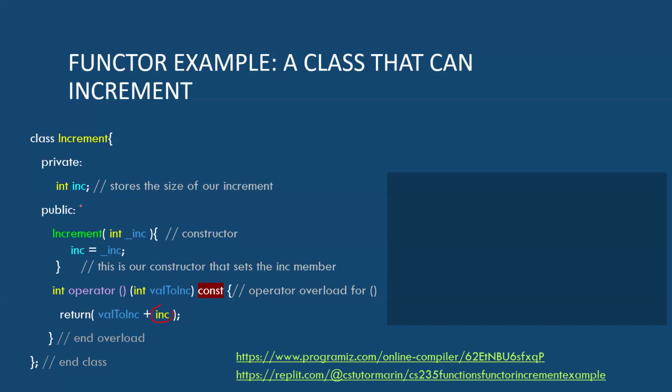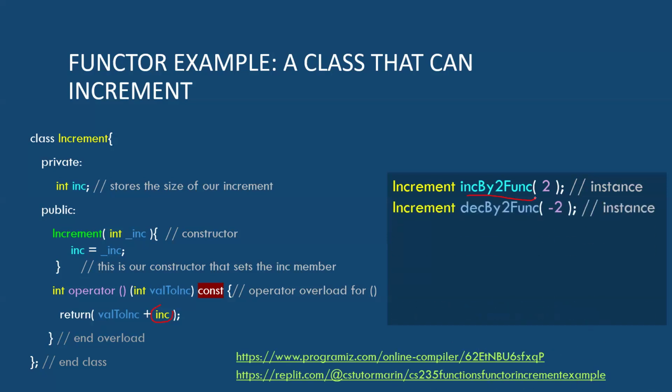So a particular instance of this thing gets created like this. I'm saying, hey, this is my inc by 2 function. It's really an instance of a class, but with the benefit of our overload, I can come in here and say, cout inc by 2 func a.